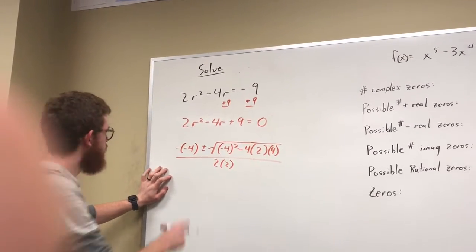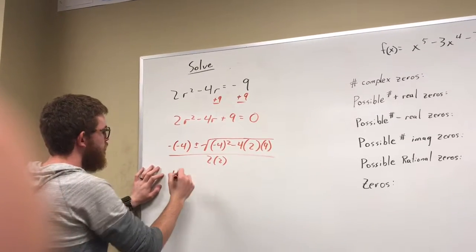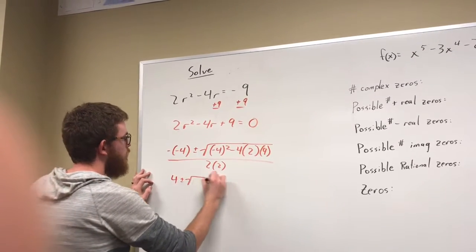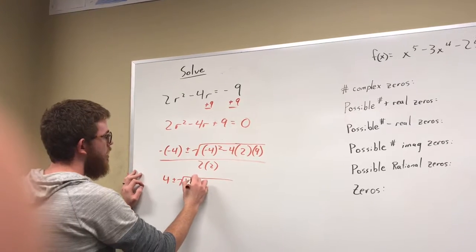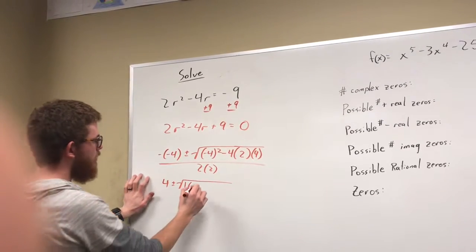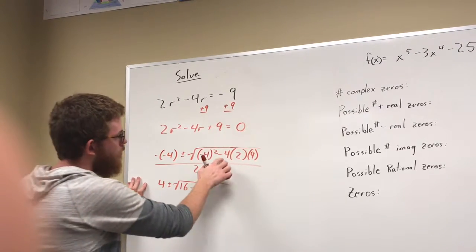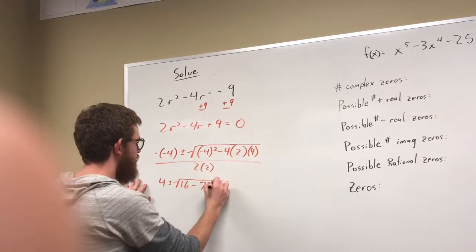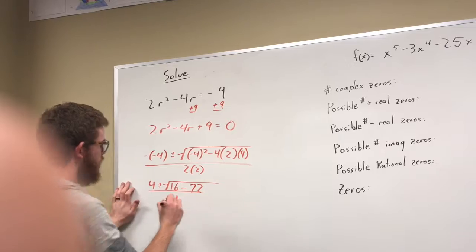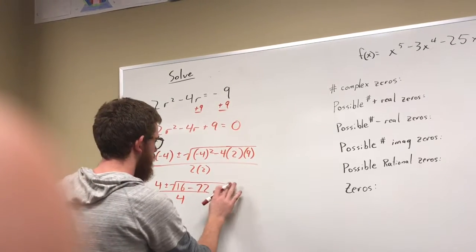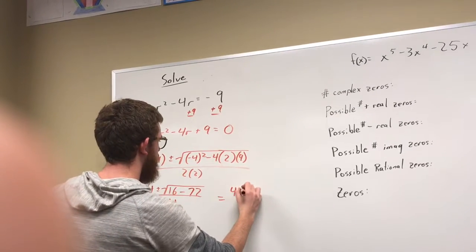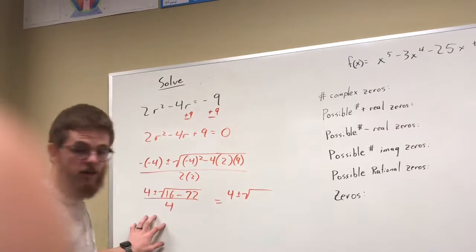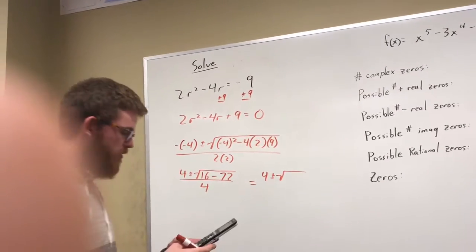We simplify. -(-4), of course, is a +4, plus or minus the square root of 16 minus 4 times 2 times 9. Well, 4 times 2 is 8 times 9 is 72, all over 4. Well, this is 4 plus or minus the square root of 16 minus 72.